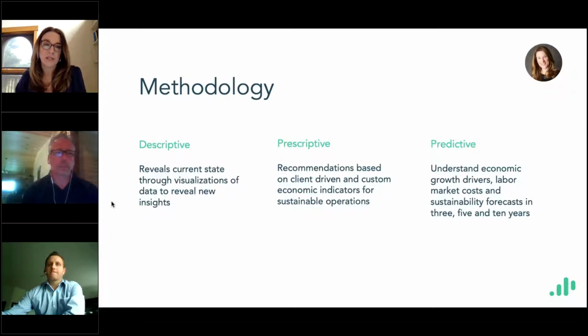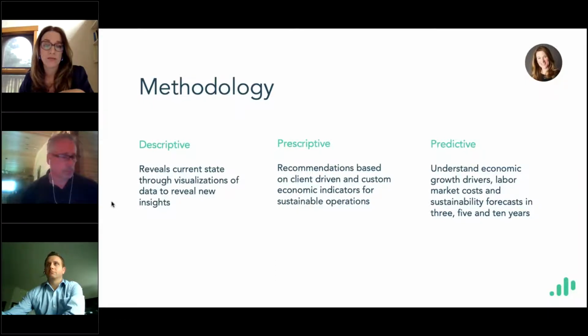Moving from descriptive analytics is a process called prescriptive or predictive analytics. And what clients love the most about working with us is our transparency through the analytical process that allows us to be responsive to their needs. So when you move from descriptive and visualizing data into prescriptive, we're actually making recommendations based on client-driven demand.